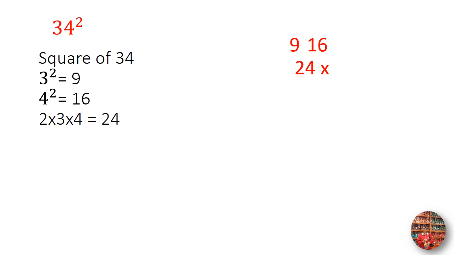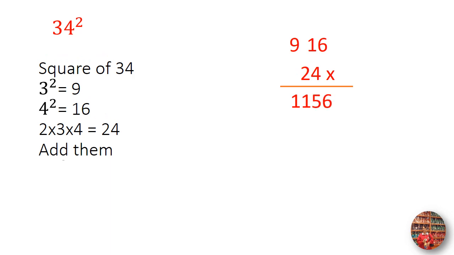I'll place it below, leaving one place from the right side. Add it. So what is the result? 1156. The square of 34 is 1156.